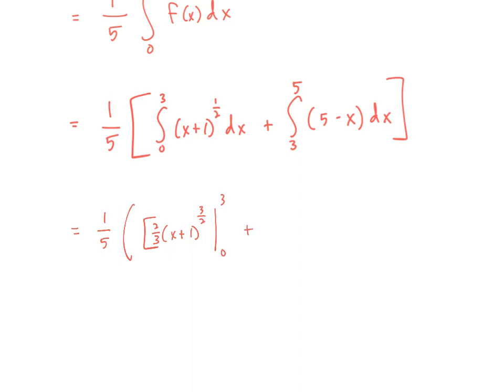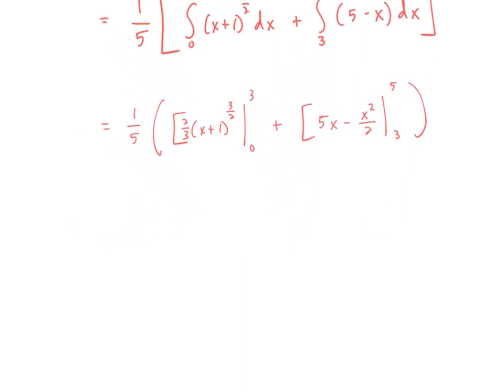And then the integral of 5 minus x is 5x minus x squared over 2. I'm going to pull out the 2/3.